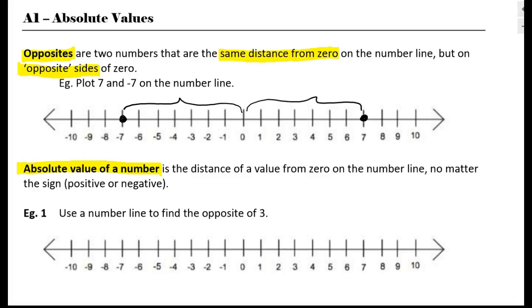For example, the absolute value of -7 versus the absolute value of +7: the distance is 7, and the absolute value of +7 is also 7 from 0. It's always measuring from 0.